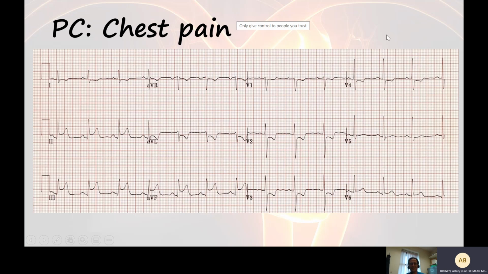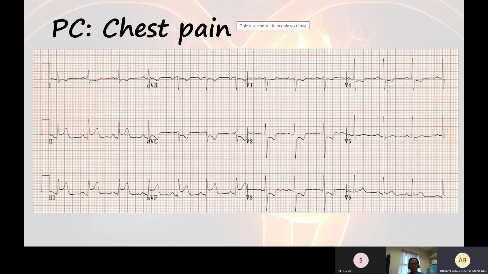So ECG, taking a quick look. It's sinus rhythm. There's some clear ST elevation in certainly the inferior leads of 2, 3, and AVF. I can't see it anywhere else, but there looks to be some reciprocal changes to go along with that in the anterior leads mainly, V2, 3, and 4, and a little bit in AVL.